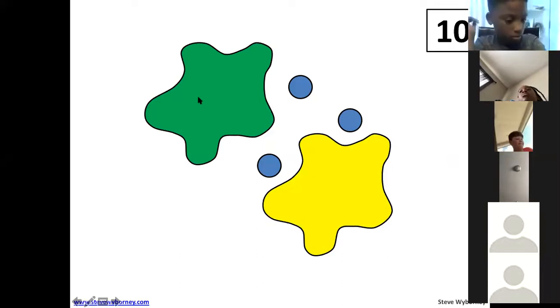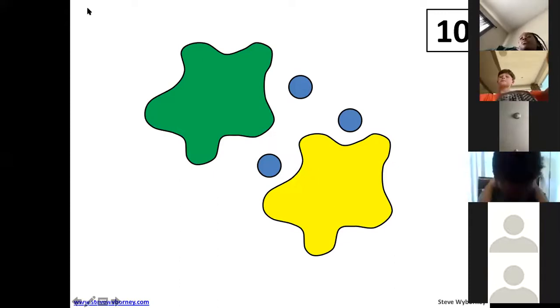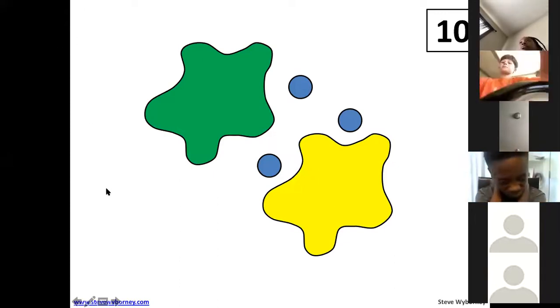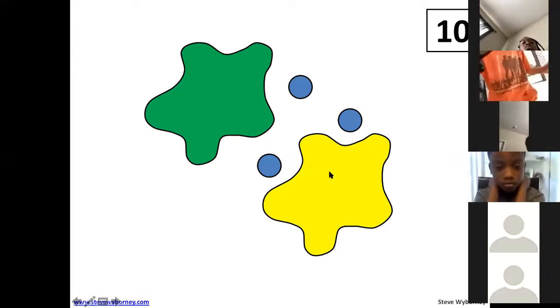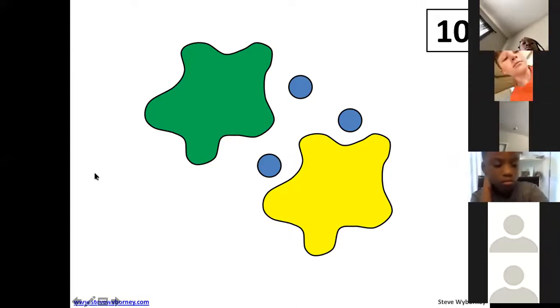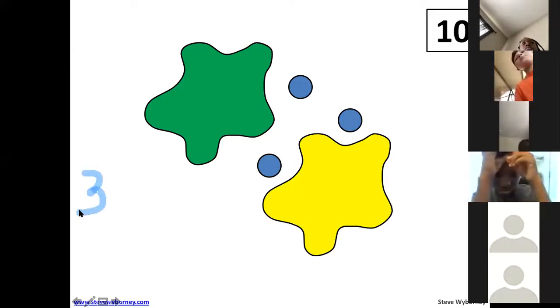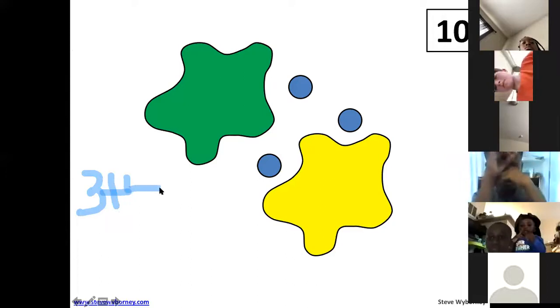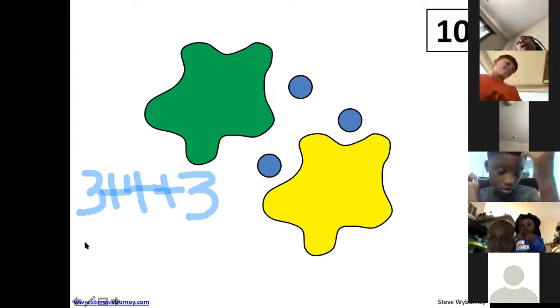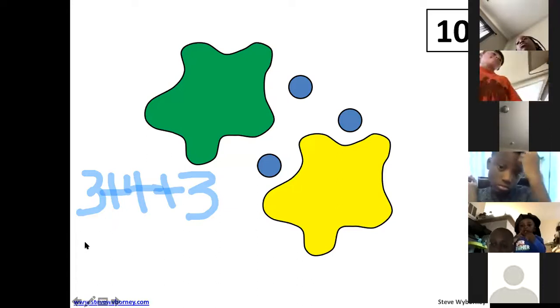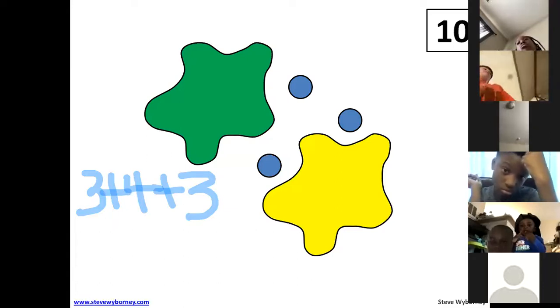So what combinations of green and yellow could explain what we're seeing? 3 under green and 4 under yellow, and the 3 that are showing. Okay. What other equations could explain this?